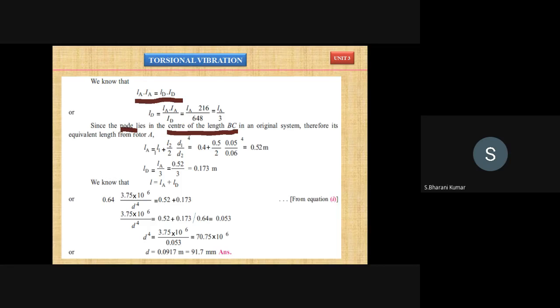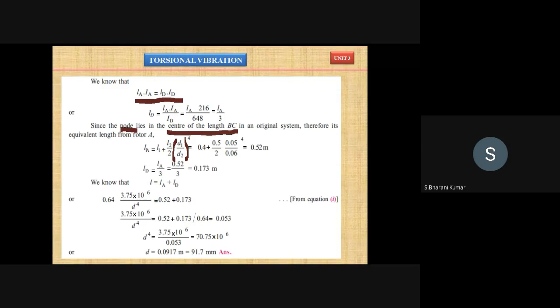LA is nothing but L1 plus L2 by 2, into (D1 by D2) to the power of 4. Here is a bracket.